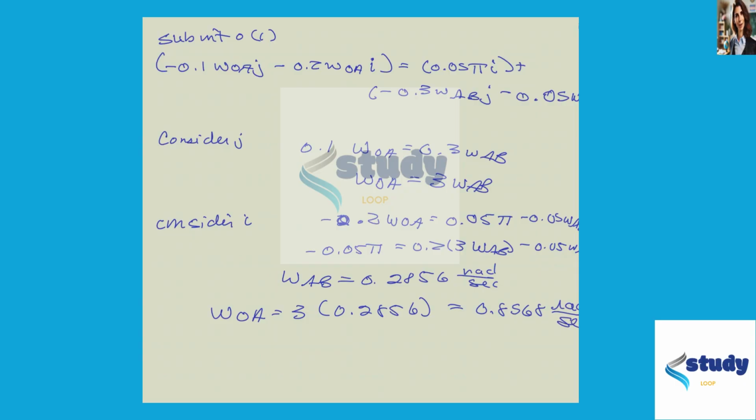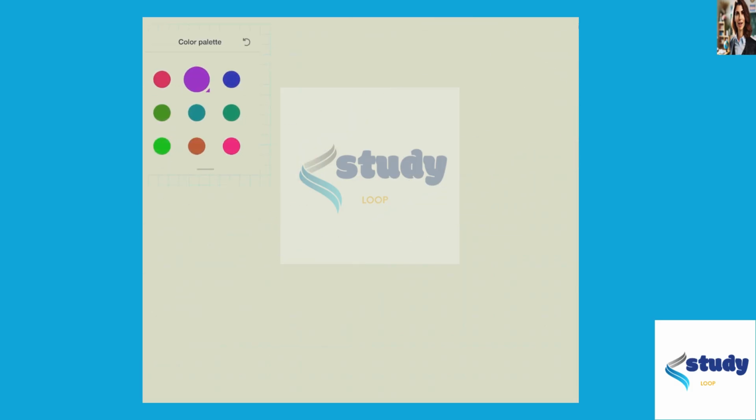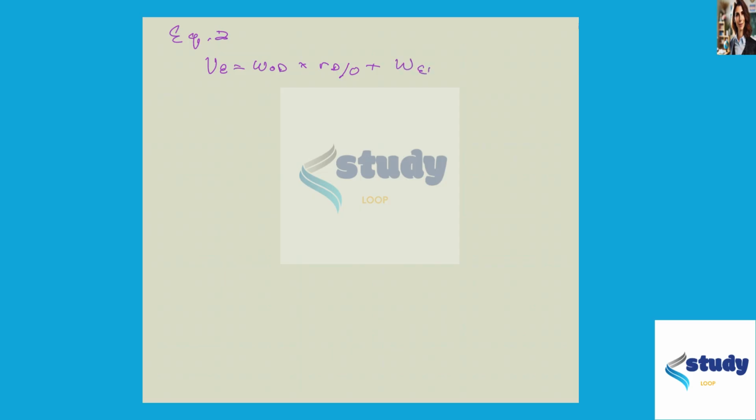Okay, and then we're going to use equation 2, and we're going to get our VE, and this will be VE I equals 0.8568K times 0.6J plus this EDK times the square root of 0.12I minus 0.20J.